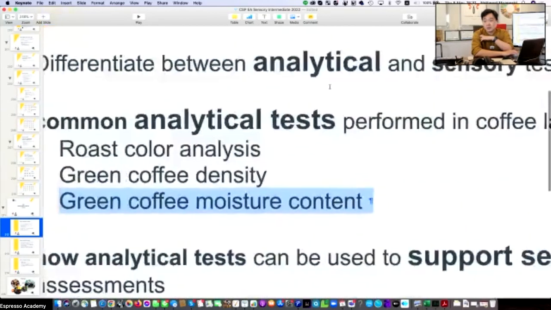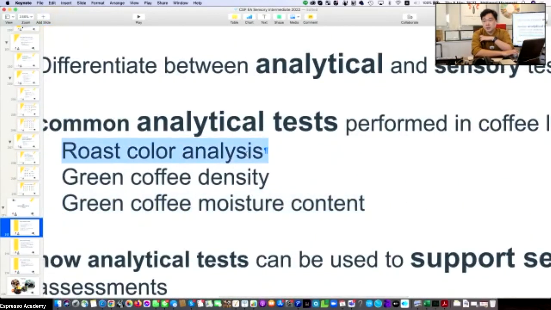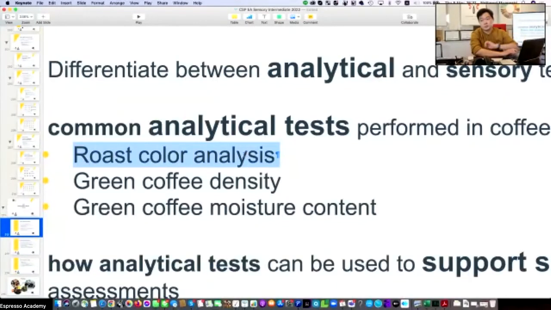Why? Because, for example, I associate everything with roast color because I find this roast color 70%, 70 Agtron will have acidity, fruitiness, and balance for this coffee. If you can associate that, it would be nice.